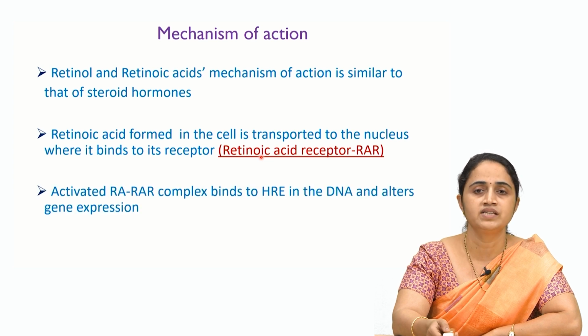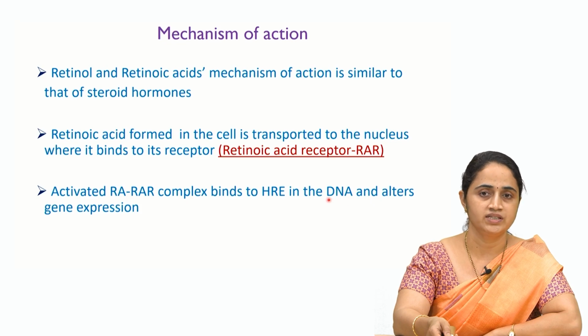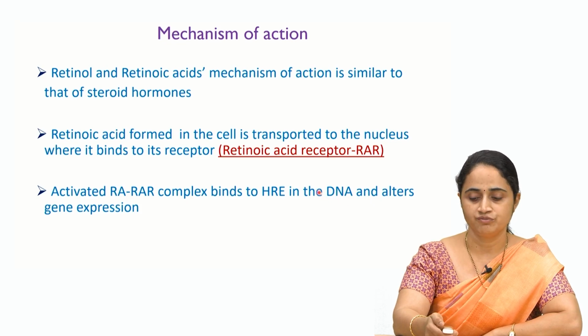The activated receptor vitamin complex binds to a specific region on the DNA, which is called the hormone responsive element. Once the interaction between the receptor hormone complex and the HRE happens, there will be alteration in the gene expression, which is mediated through the formation of mRNA.